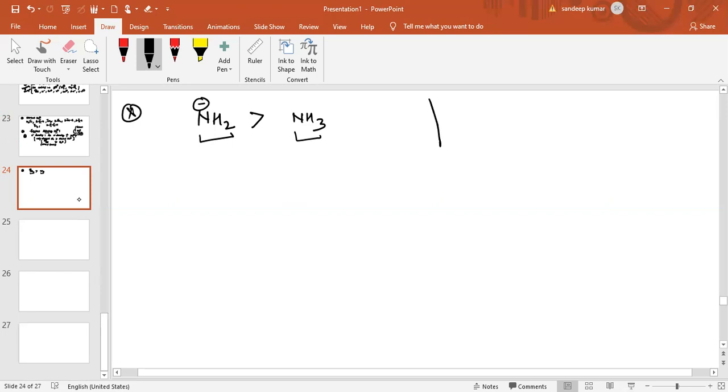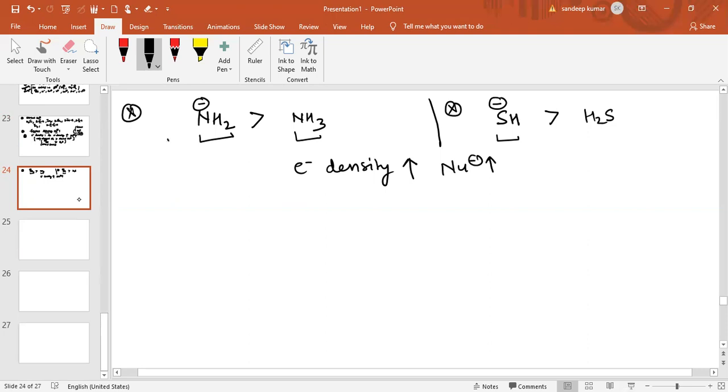In the same way, if we compare the strength of SH minus nucleophile with H2S, again we can say SH minus is a stronger nucleophile than H2S. So more electron density means more nucleophilic strength. Therefore, the negatively charged nucleophiles are stronger nucleophiles as compared to the neutral nucleophiles.